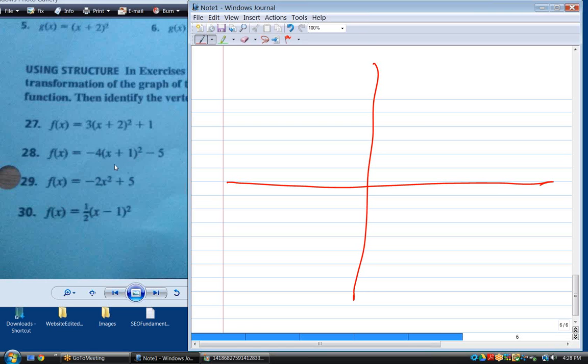So where's the vertex of this thing? Is it -1, +5? Yep. There's my vertex, minus 1, positive 5, and I know the thing goes down. So I've identified my vertex, but let's finish describing the transformations.